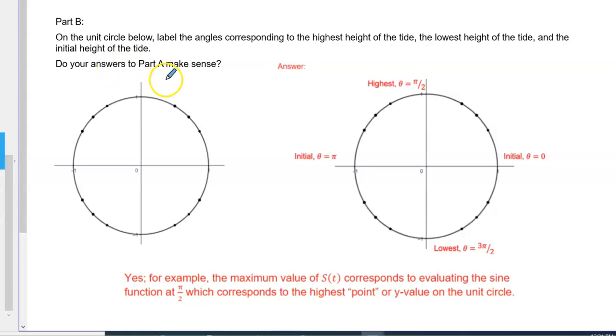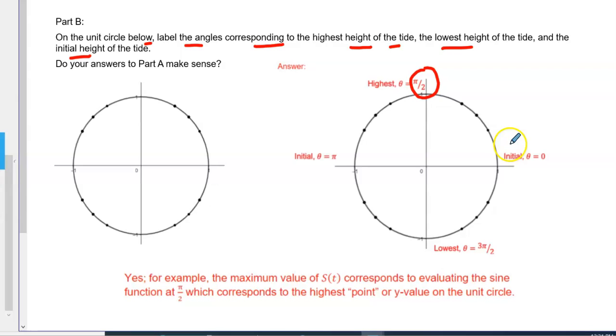Now, let's look at the answer. It says on the unit circle, we want to label the angles corresponding to the highest value of the tide, the lowest, and the initial. Now you will see that this is the highest, which is occurring at pi on 2, which is true.